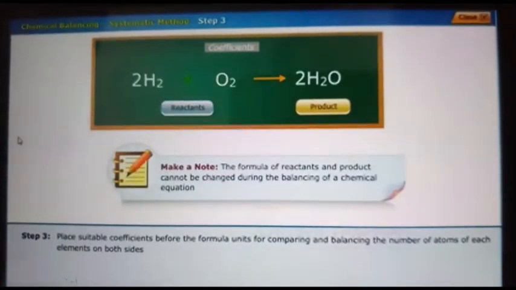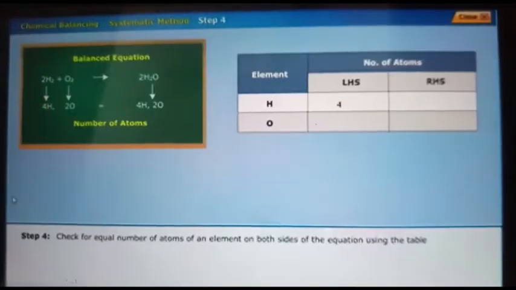Make a note, the formulas of reactants and products cannot be changed during the balancing of the chemical equation. Step 4. Check for equal number of atoms of an element on both sides of the equation using the table.